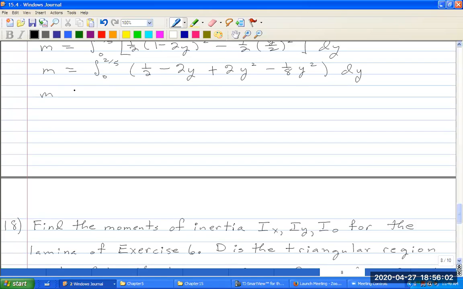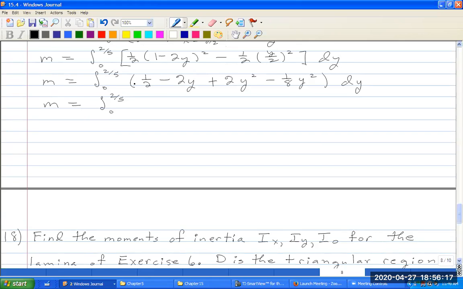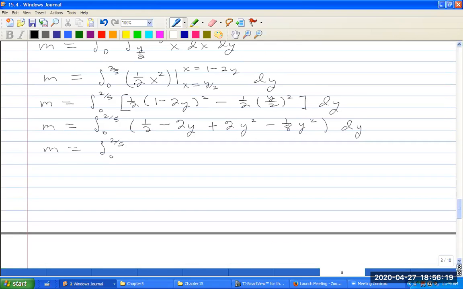So the mass is equal to the integral from 0 to 2/5. Actually, I probably could have integrated this just as easily without multiplying it out, but let's do that since I already started it.